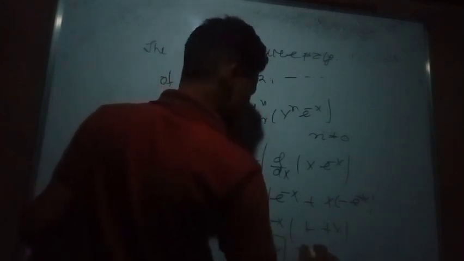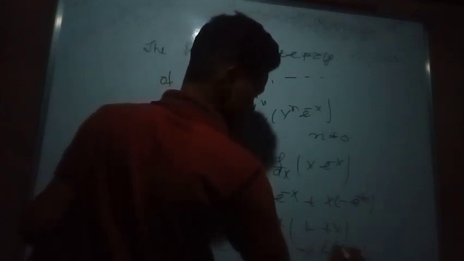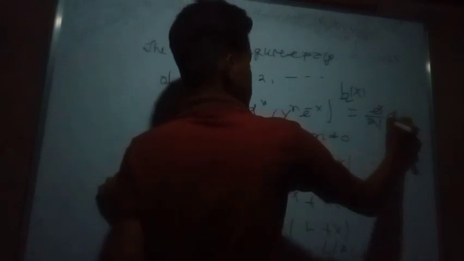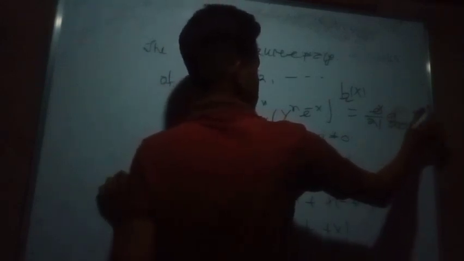So this is our Laguerre polynomial of first order, 1 minus x. We remember this. Now let's find the second order. L2 is given by e to the power x upon 2 factorial, d^2 by dx^2 of x^2 e to the power minus x. Write it down; I'm going to the next part.